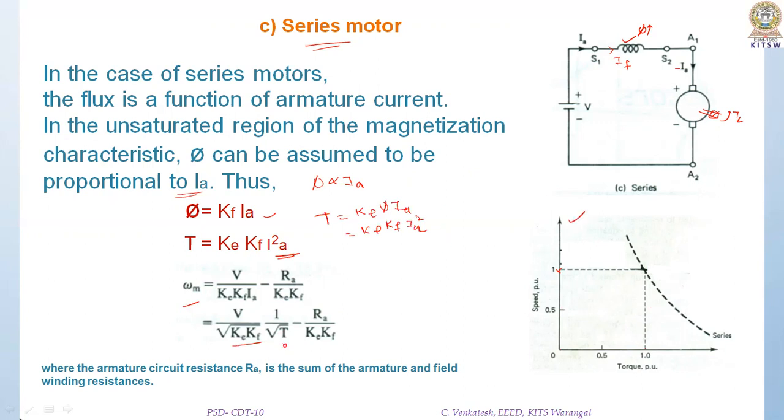So the series motor speed is infinite, and hence it is not advisable to operate the motor under no load condition. A series motor should be started with at least some load, and it can give high torque. Why? Because torque is proportional to Ia square. This is the observation.